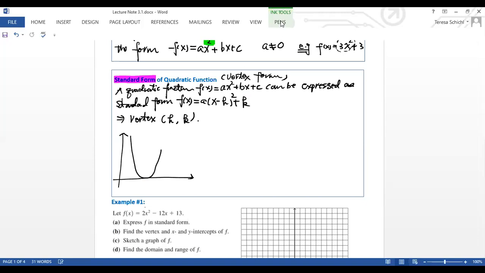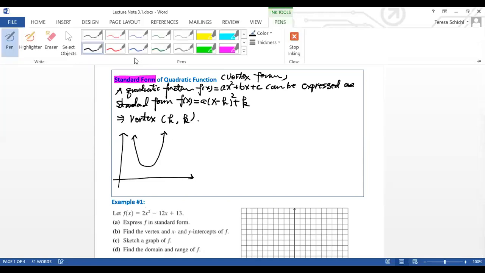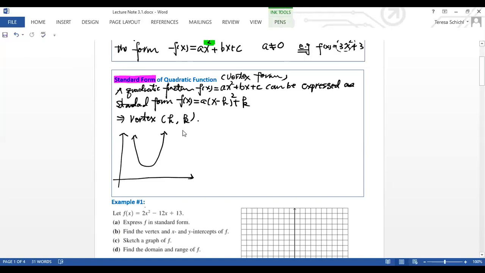If this is your function, and your quadratic opens upward, that means a has to be greater than 0, all right? And here, this is your vertex, (h, k).